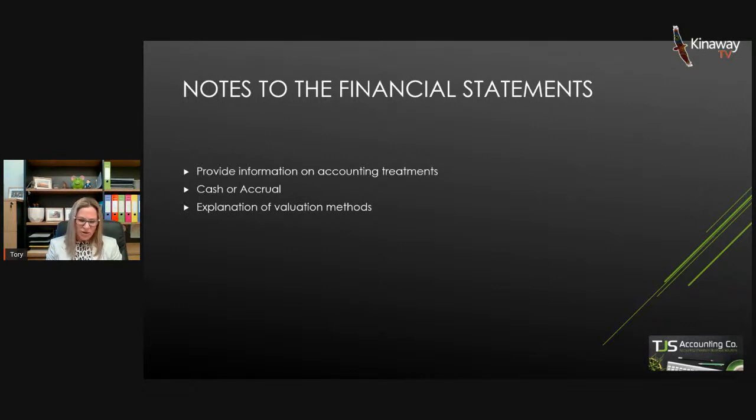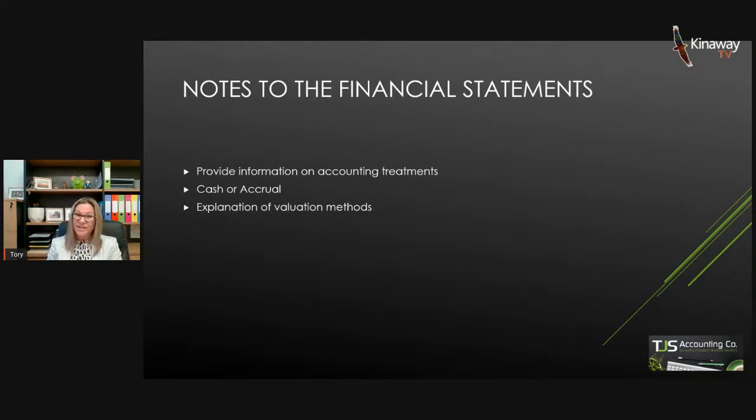They provide not only a snapshot of the organisation's financial performance and position, but if you really want to explore it further, it gives you an analysis of the results so that you can make comparisons with other organisations or within your own organisation, looking beyond the raw numbers. So the notes to the financial statements provide details and explanations on that.